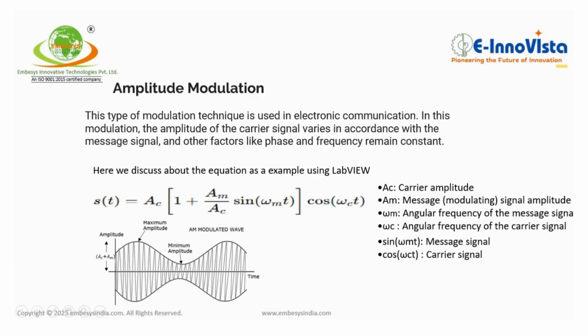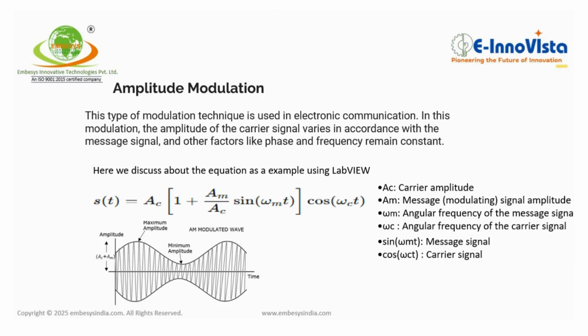Here we discuss the equation as an example using LabVIEW: S(t) = A_c [1 + (A_m/A_c) sin(ω_m t)] cos(ω_c t). Here A_c is the carrier amplitude, A_m is the message signal amplitude, ω_m is the angular frequency of the message signal, and ω_c is the angular frequency of the carrier signal. sin(ω_m t) is the message signal, and cos(ω_c t) is the carrier signal.